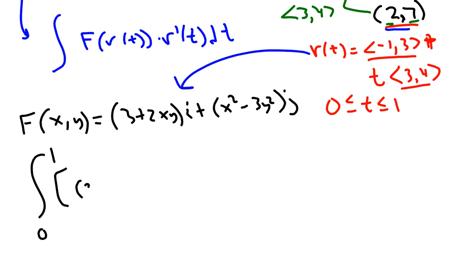Open parentheses 3 plus 2 times x, which is just, okay, we better be careful, right? x of t is equal to negative 1 plus 3t. You can see that, negative 1 plus 3t.